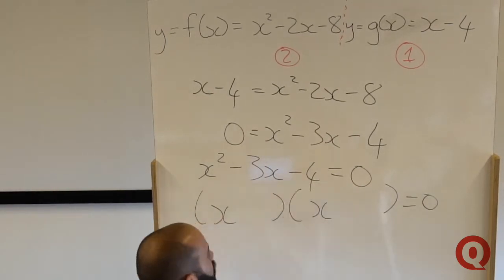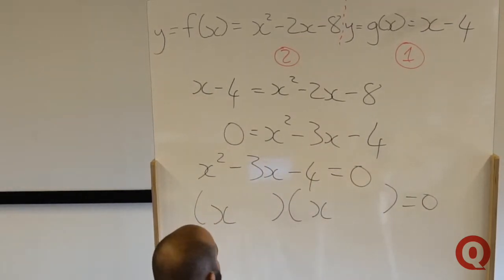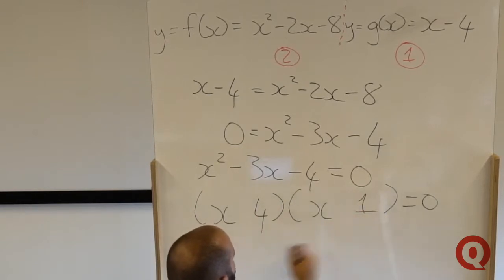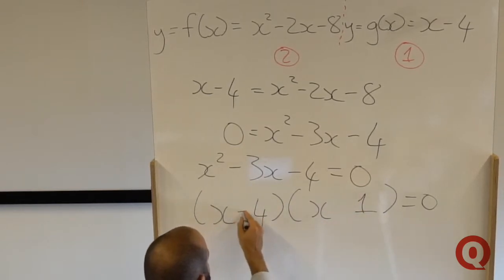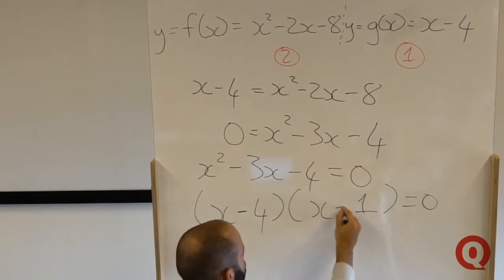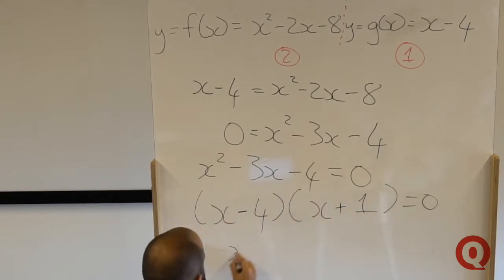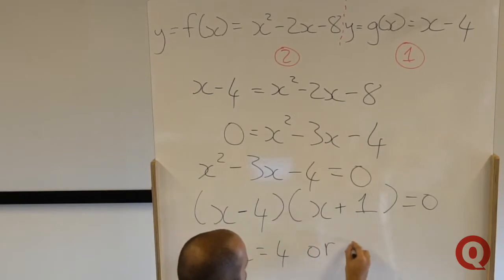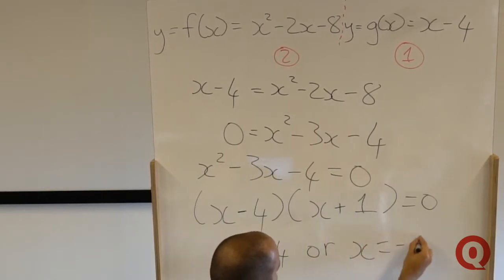You can see your c term is negative, and you can also see your b term is negative. So you know to get a result of 3, the factors that you would use are 1 and 4. You'd want your highest value to have a minus sign, and you'd want your lower value to have a positive. So x must be equal to 4, or x must be equal to minus 1.